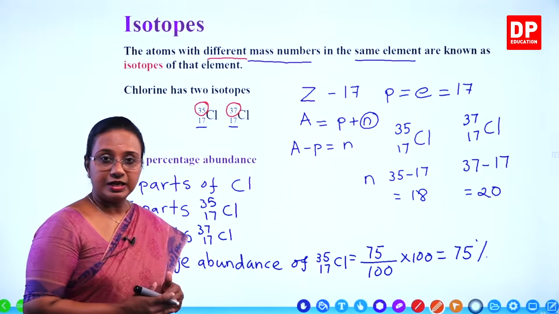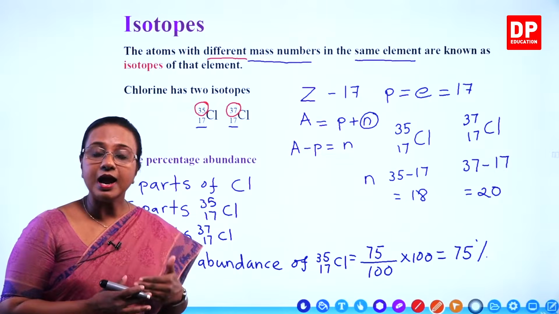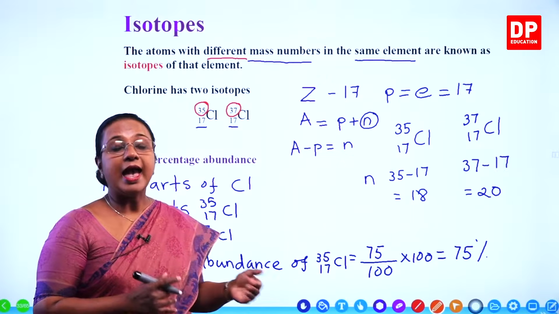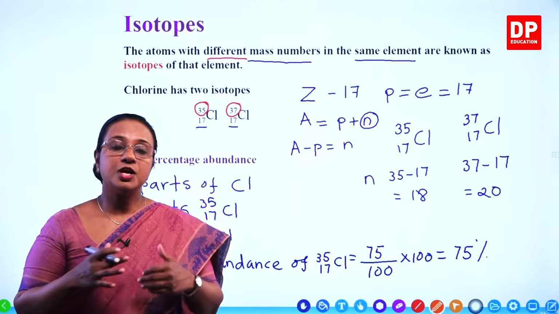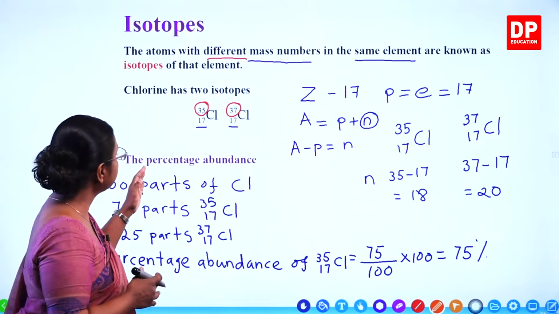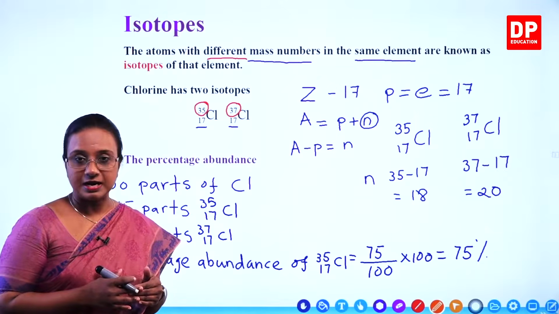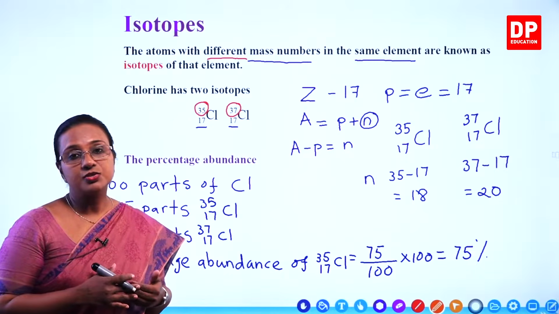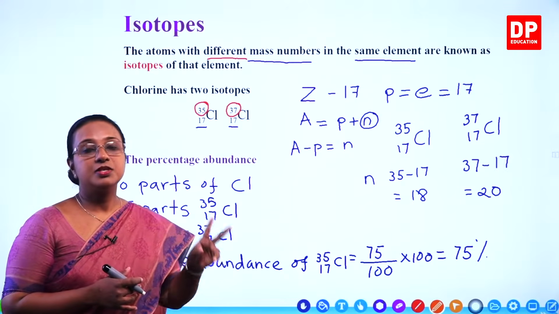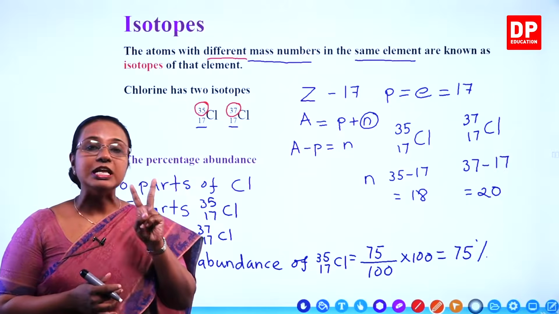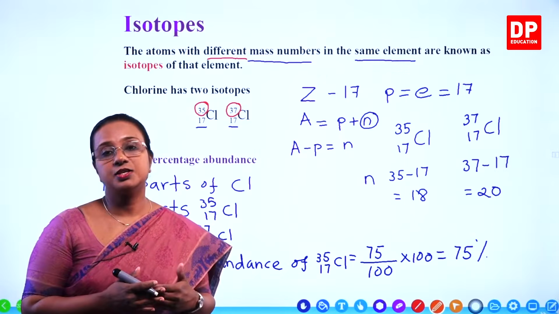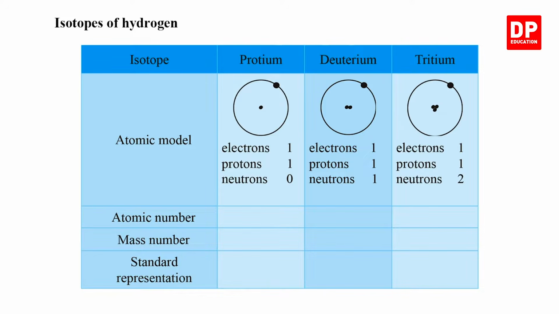Not only chlorine, there are many other elements that have isotopes, and all these isotopes do not have the same percentage abundance. It can vary, and also all the elements need not have only 2 isotopes. They can have 3 isotopes as well.